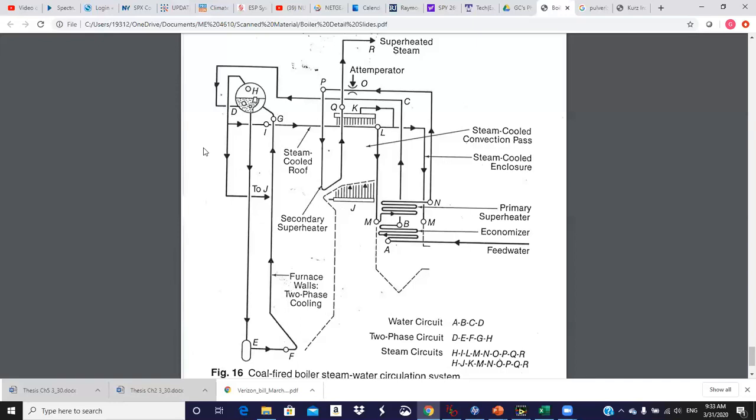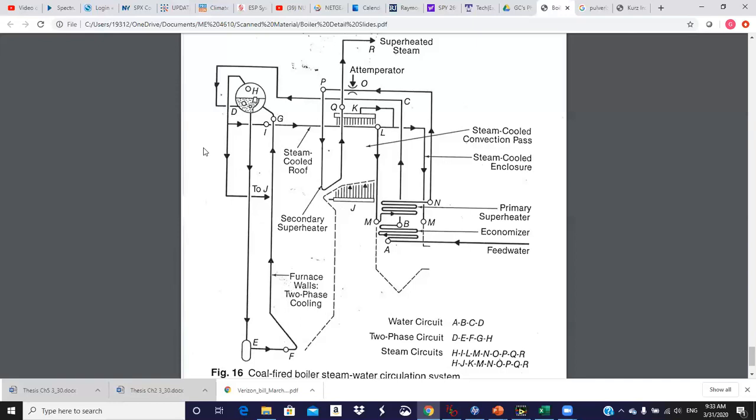Then there's a slightly different path. When you come out of the drum at H, you go down to J, and then to K, it's just more cooling. So J to K, MN, OPQR. So it's basically the same thing.